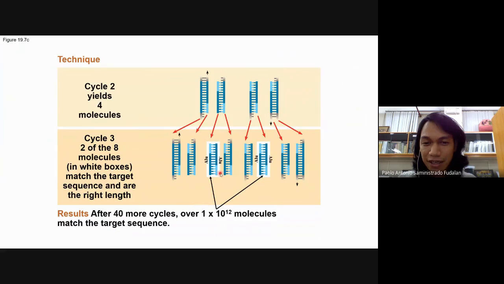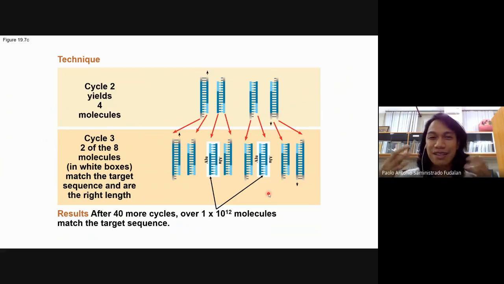And notice here, not all of the products are alleles. Some of them are quite long. So you see here, there are gray extensions. But notice here at the bottom, there are those with no gray extension. They are completely cut, clean cut. These are our targets. So these are the alleles that we are targeting. And if we have 40 cycles, guess what? You will have 2 to the power of 40 of these alleles, about 1 times 10 to the power of 12 alleles.